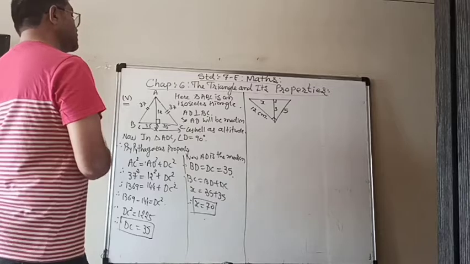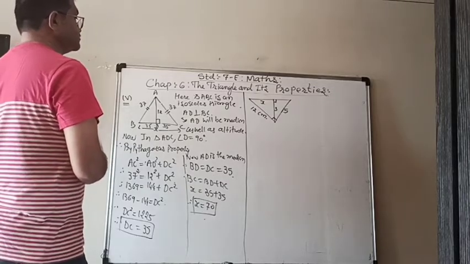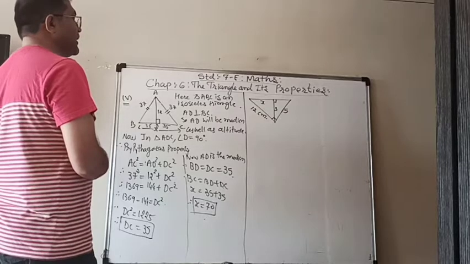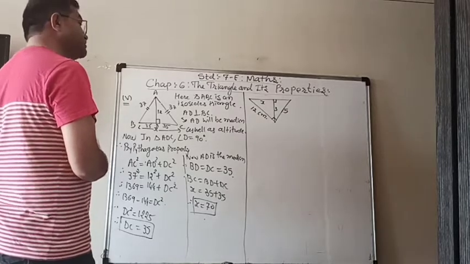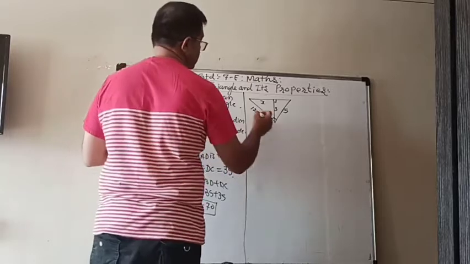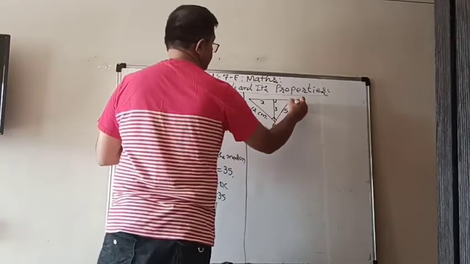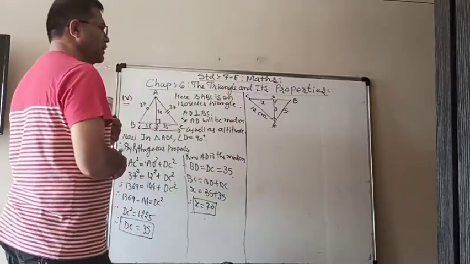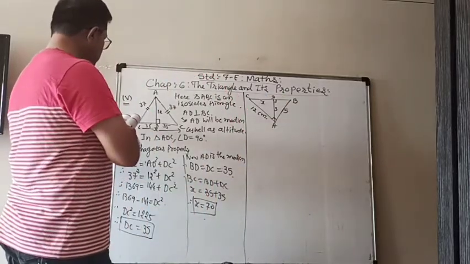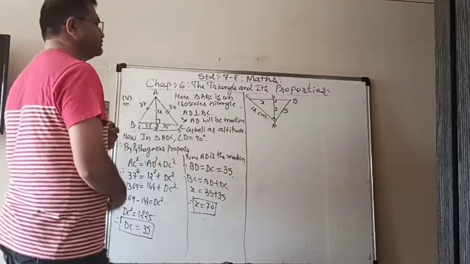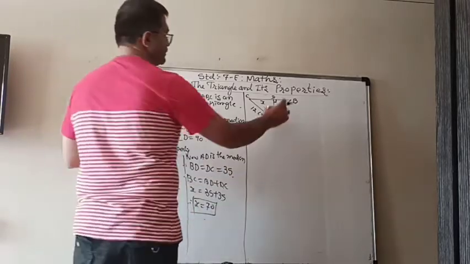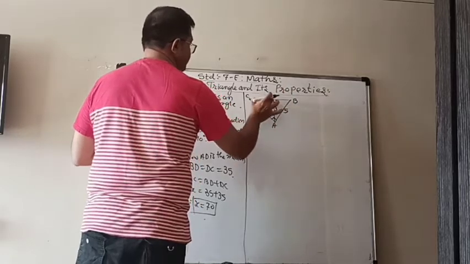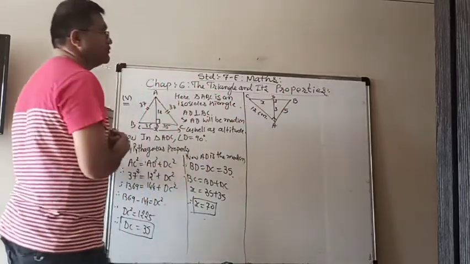So now how will we do that? For that also we can use the Pythagoras property. So let's give names to the triangle. A, B, C and D. Now we have to first find the value of BD, then the value of BC, and then we will subtract so that we will get the value of CD.